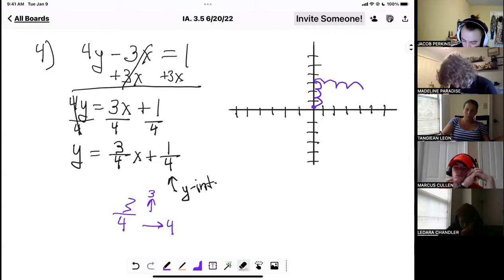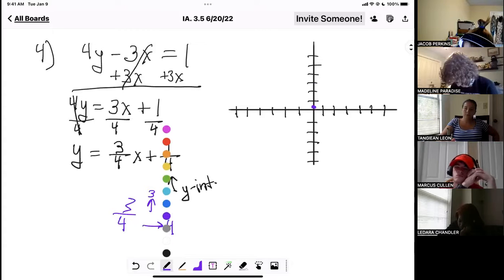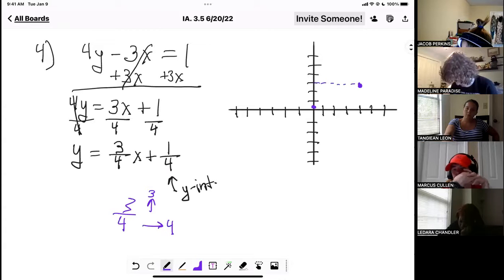So let me erase that, because I can't see where I'm going to put my point with it in my way. Okay, 1, 2, 3. It's going to be right about here, which is going to be about 1/4. 1, 2, 3, 4.